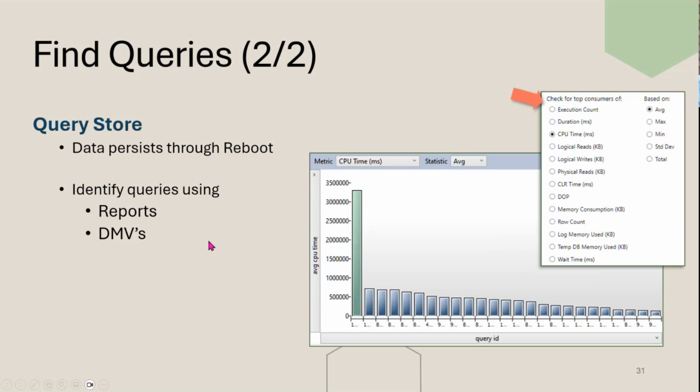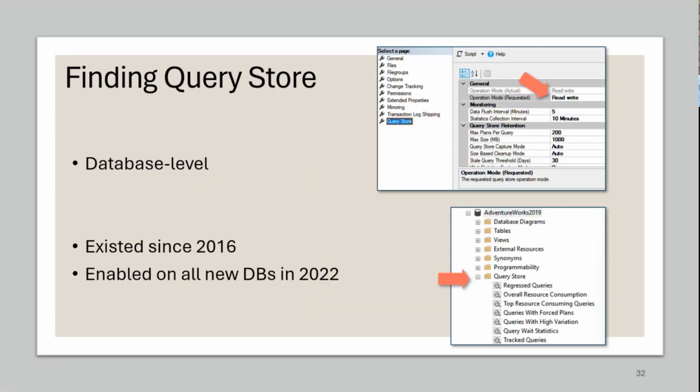There are also some DMVs or views that you can use to get more information from Query Store if the graphs aren't enough for you. If you don't have Query Store, here's where you find it. If you want to enable it, you can do this through T-SQL as well. But in properties on your database, change this operating mode to read write, and Query Store is off and running once you save it.